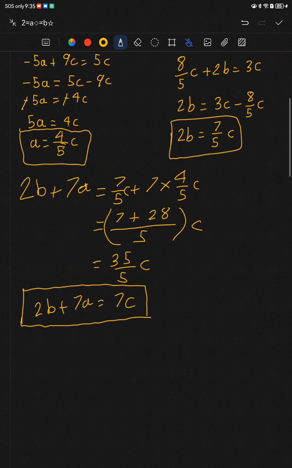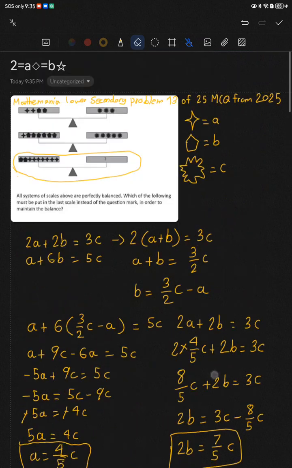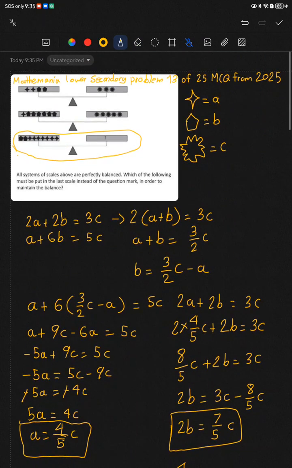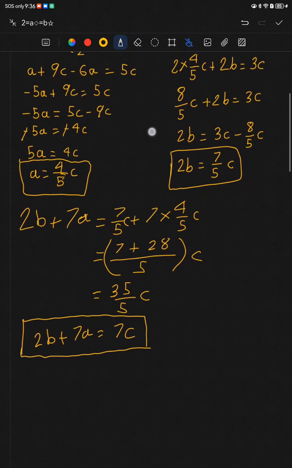So that means the weight of two of these pentagons plus 7 of these stars is equal to the weight of 7 of the sea urchin looking thingies. And that's it.